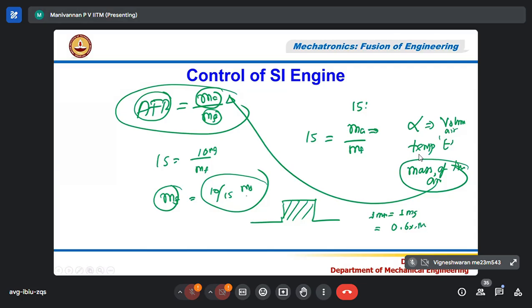Exactly, you can find out. So 0.65 milligram. That means my fuel injector will be open for 0.65 milliseconds. So automatically 0.65 milligram of fuel will be injected to maintain the 15 to 1 air-fuel ratio, when the amount of air that went in is equal to 10 milligram. That is computed using the throttle equation. Any doubt?